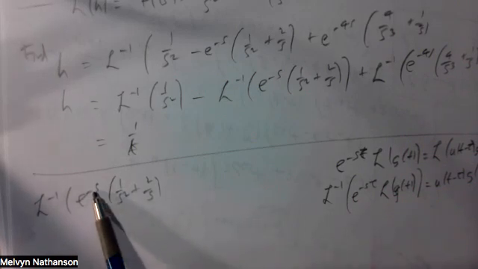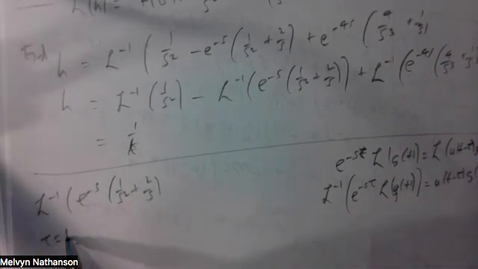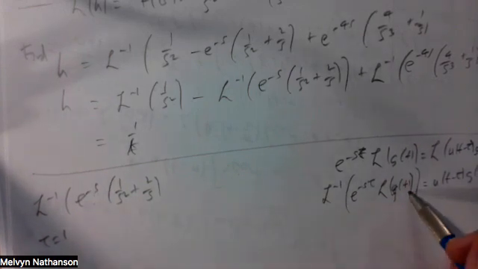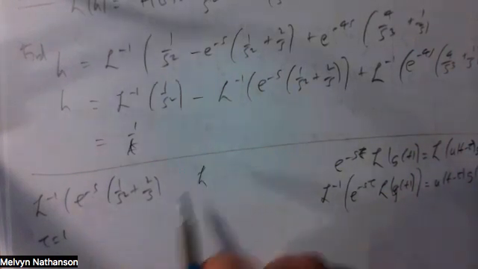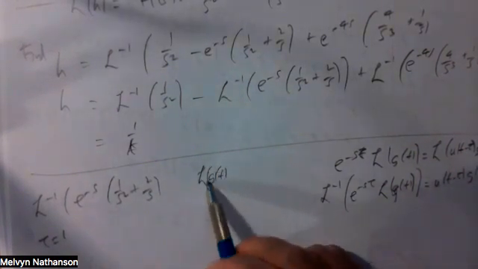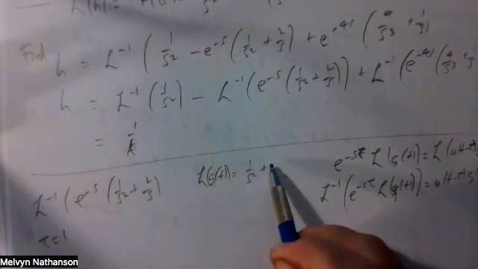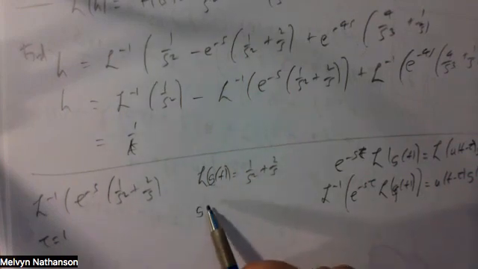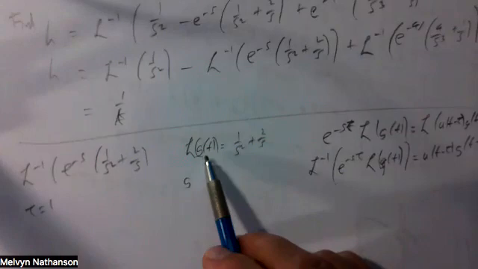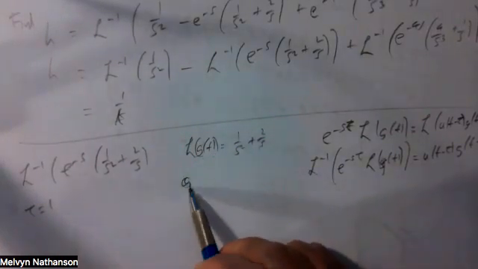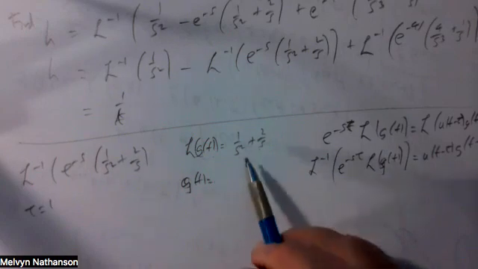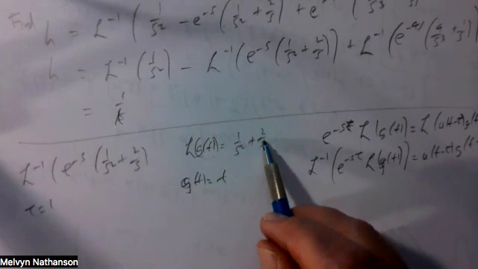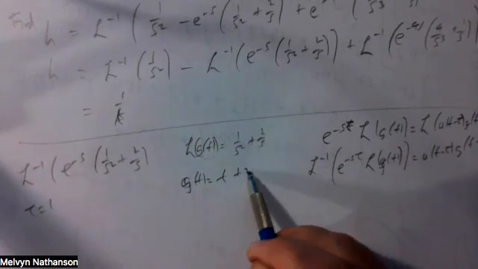Now in this expression, I have tau equal to 1. This is e to the minus 1 times s. And g of t is a function where the Laplace transform of g of t is 1 over s squared plus 2 over s, which means the inverse Laplace transform gives me that g of t is equal to t plus 2, since the Laplace transform of t is 1 over s squared and the Laplace transform of 1 is 1 over s.